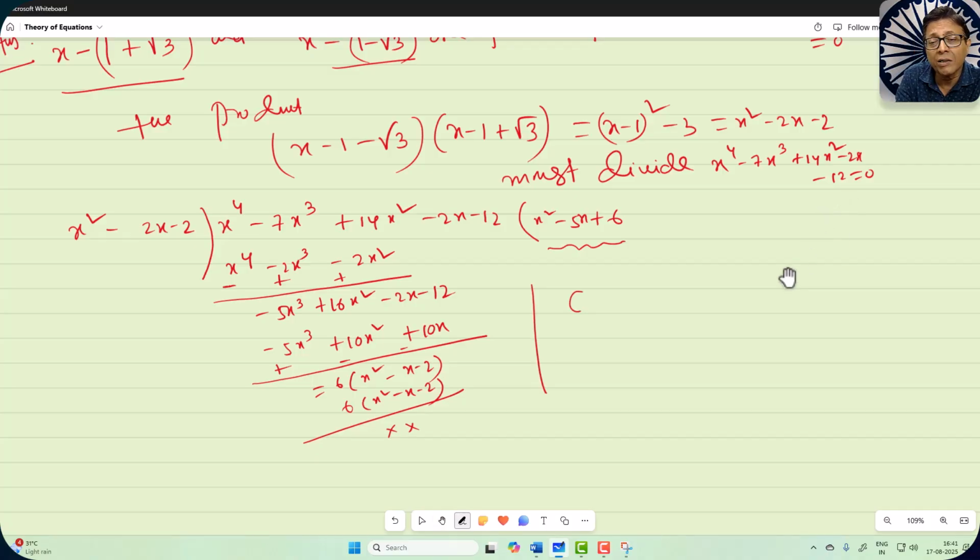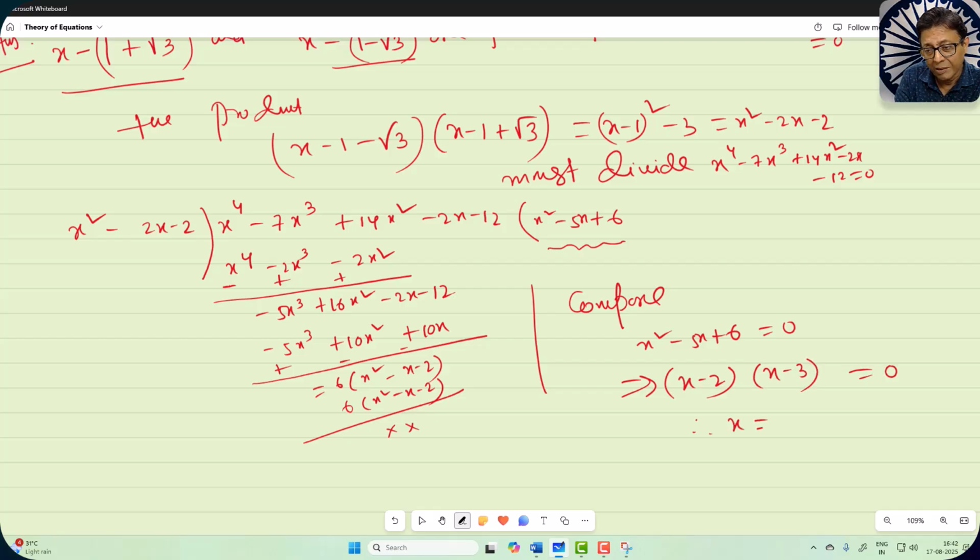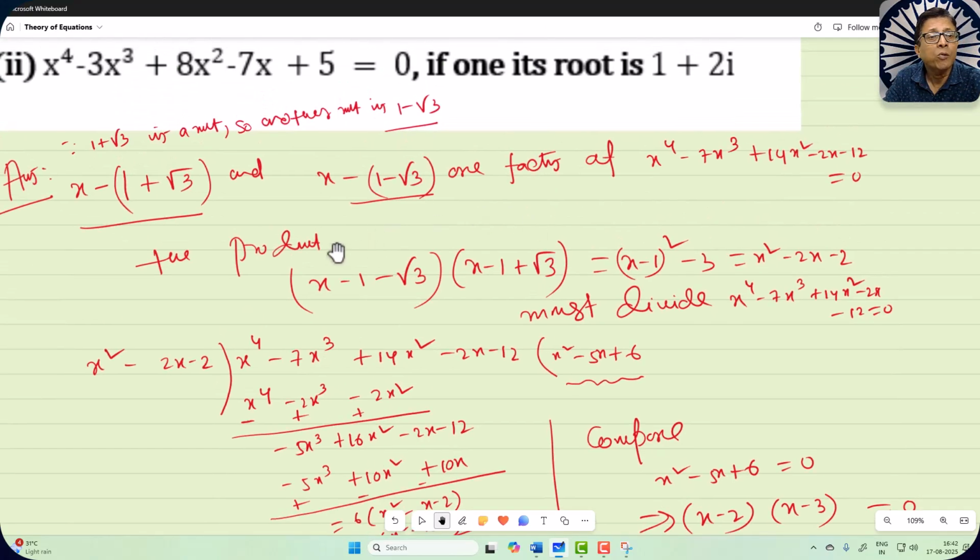Now compare this to 0, this will give you x minus 2, x minus 3, x equal to 2, 3. Therefore, 4 roots. Why 4 roots?